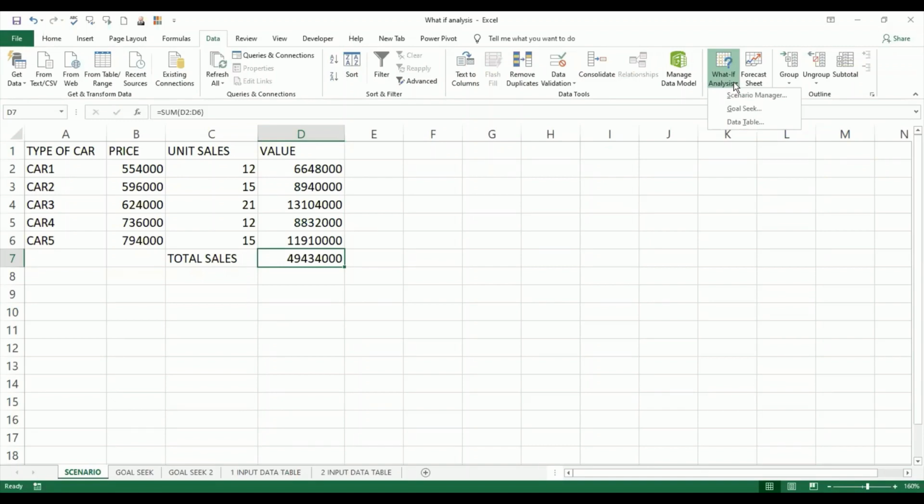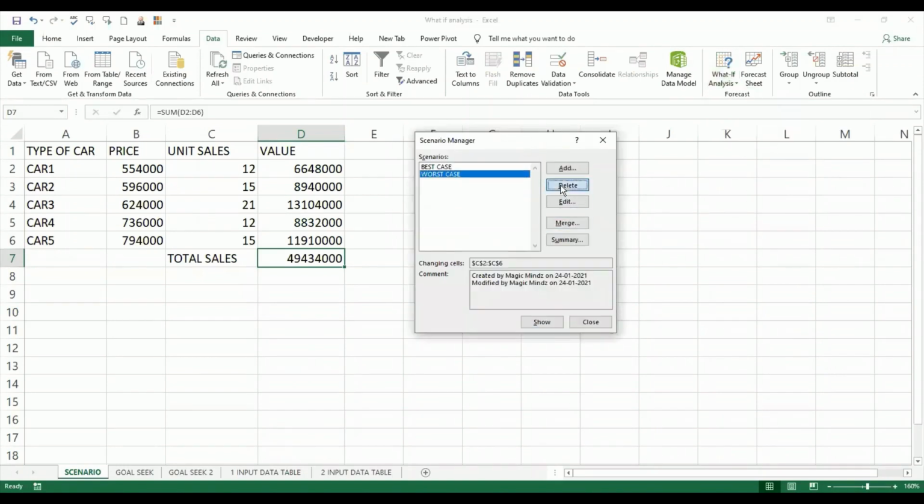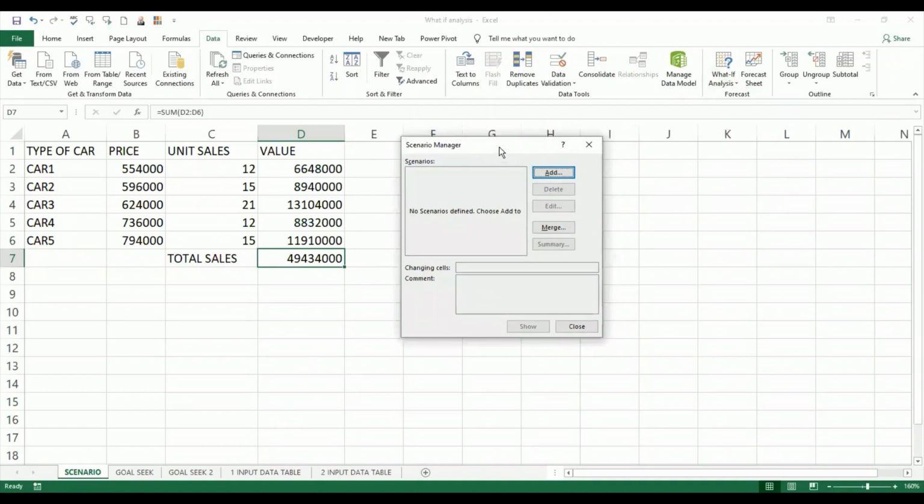Let's look at the first option known as scenario manager. And we get a window. Now I already created this, I'm just deleting it. So I've reached the scenario manager and I now have to define the best case and the worst case scenarios.